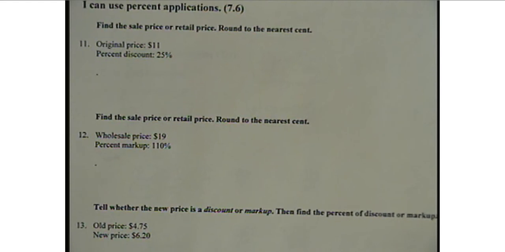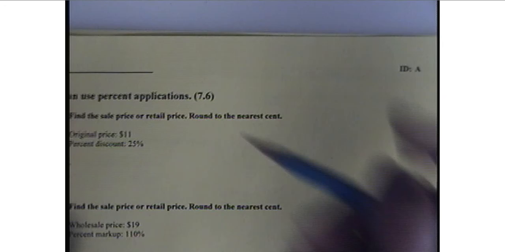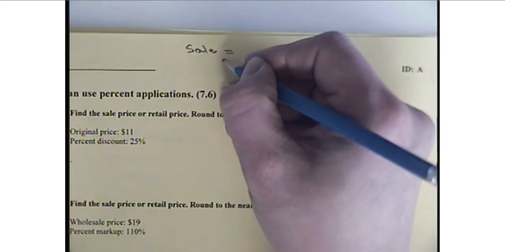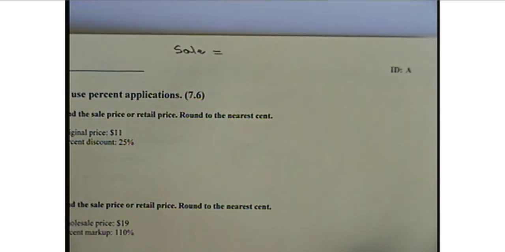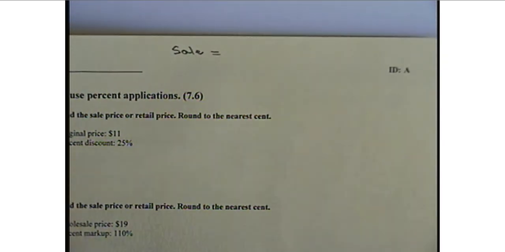Find the sale price or retail price, round to the nearest cent. First thing, I want to remind you what sale price is. Sale price is when something decreases from the original cost. So if you go to the store and you have a packet of gum for $5 last week and this week it is $3.50, then it's on sale price.